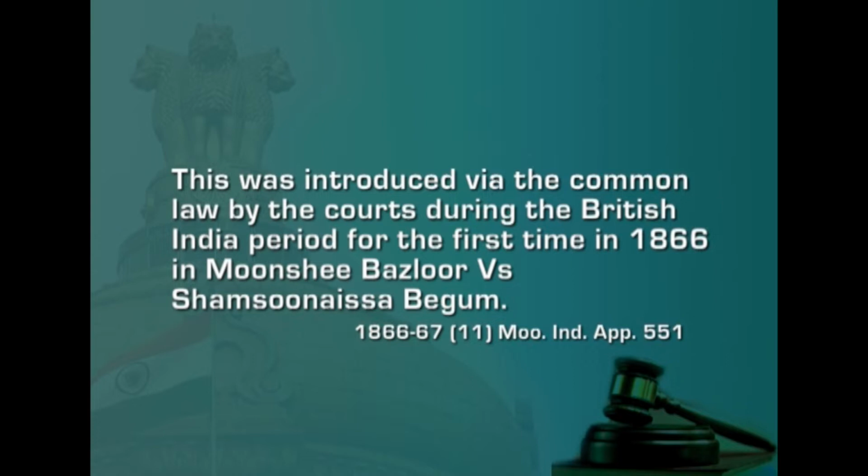This modern remedy is unknown to the religion-based personal laws in India. This was introduced via the common law by the courts during the British India period for the first time in 1866 in Munshi Bazlur versus Shamsunesa Begum. This right is available both to the husband and wife.